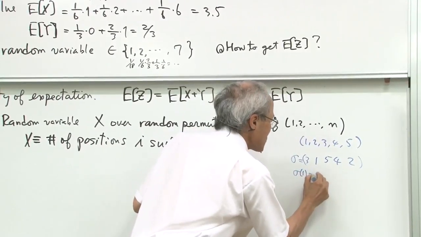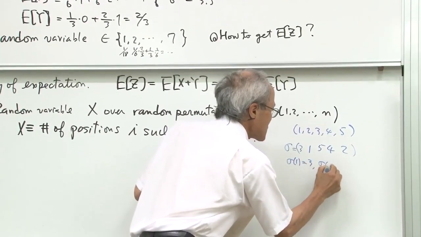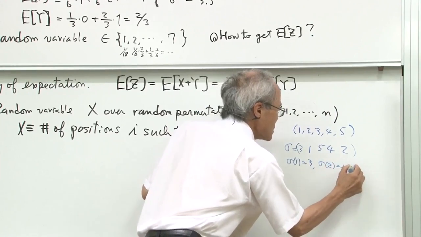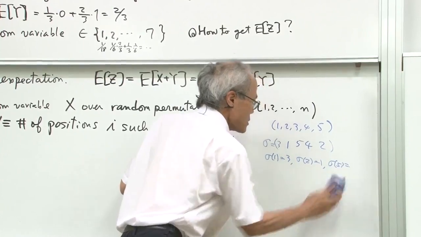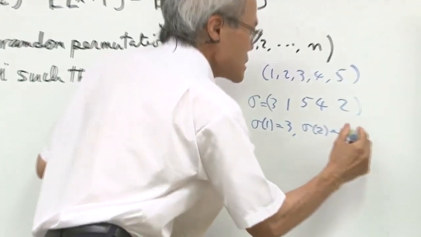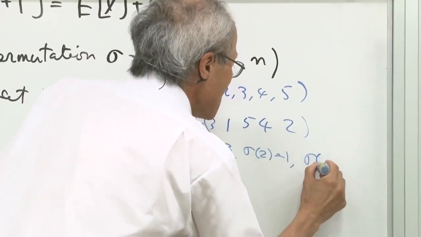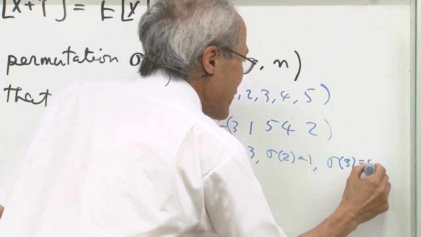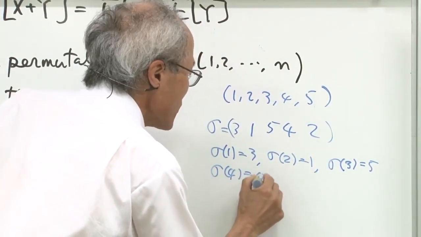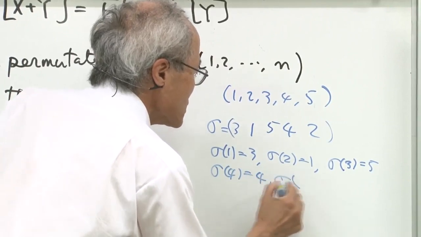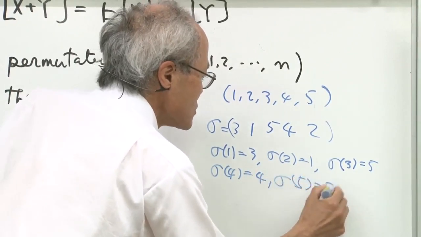Sigma 1 is equal to 3. Sigma 2 is equal to 1. Sigma 3 is equal to 5. Sigma 4 is equal to 4. Sigma 5 is equal to 2.